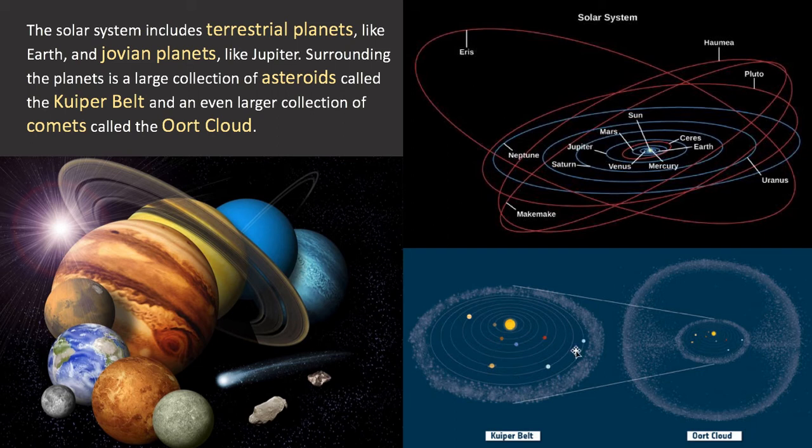If you go beyond the Kuiper belt, there's a bubble that surrounds the entire solar system called the Oort cloud, which contains primarily comets. Notice the scale here. So that's the basic structure of the solar system: sun, planets, asteroids, dwarf planets, more asteroids, and then a big bubble of comets.